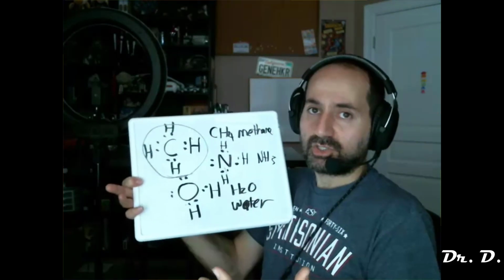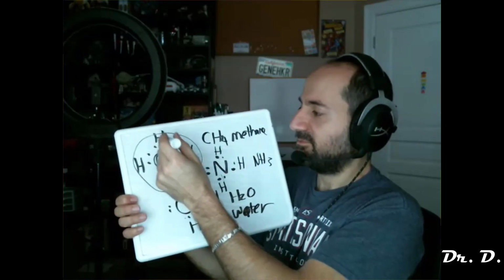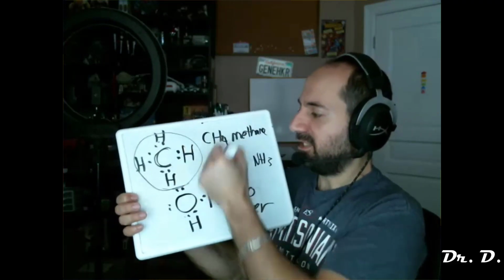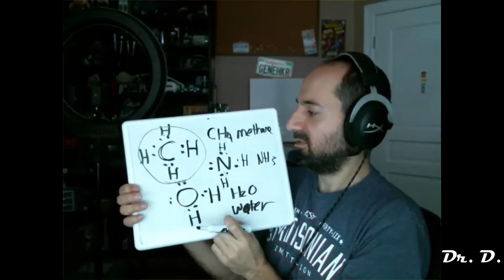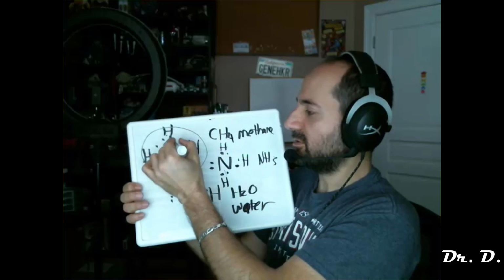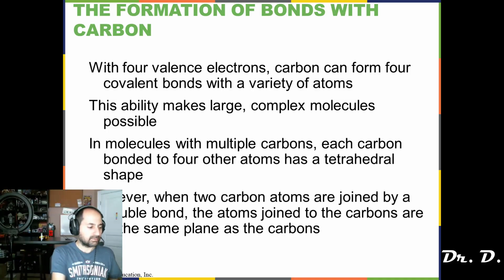It's abundant on Earth. There's plenty of it. It can make 4 partners. You can make big complex molecules, really long, large biomolecules out of it. So I think that's why life chose carbon as the basis of its biomolecules.